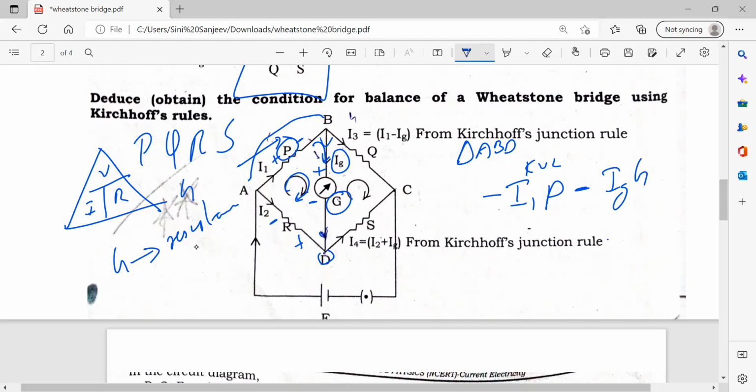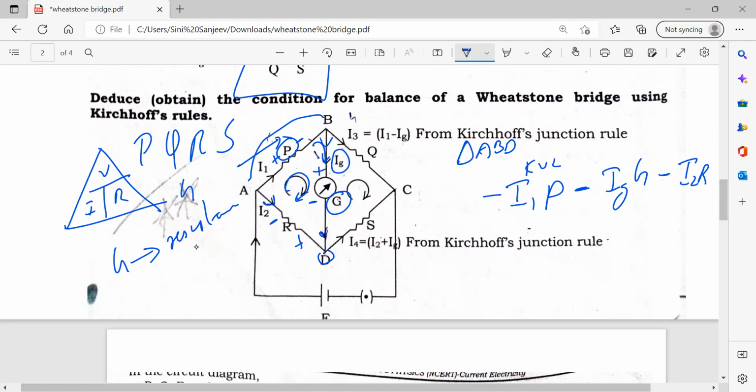Then again I'll put minus, minus. What is here? I2R. Minus I2R I will put. But see the direction of I2, it is just like the previous thing I mentioned.